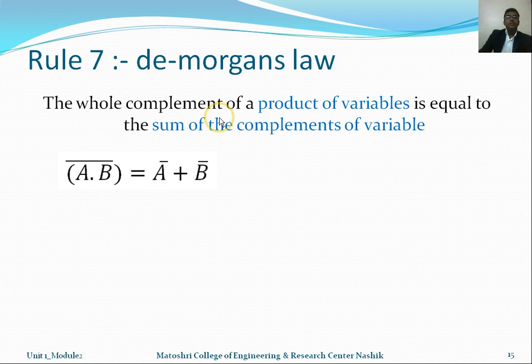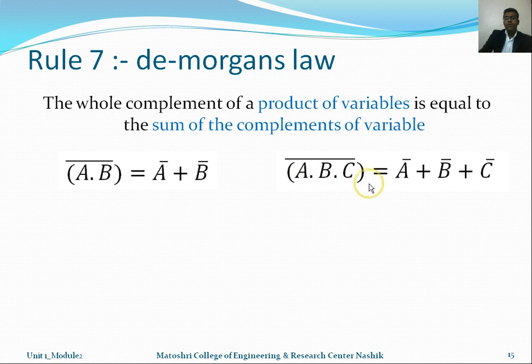So that is De Morgan's law: break the complement and change the functionality. Similarly, for multiple variables, if there are 3-4 variables, here also we break the whole complement and change the logic functionality between A, B as well as C.